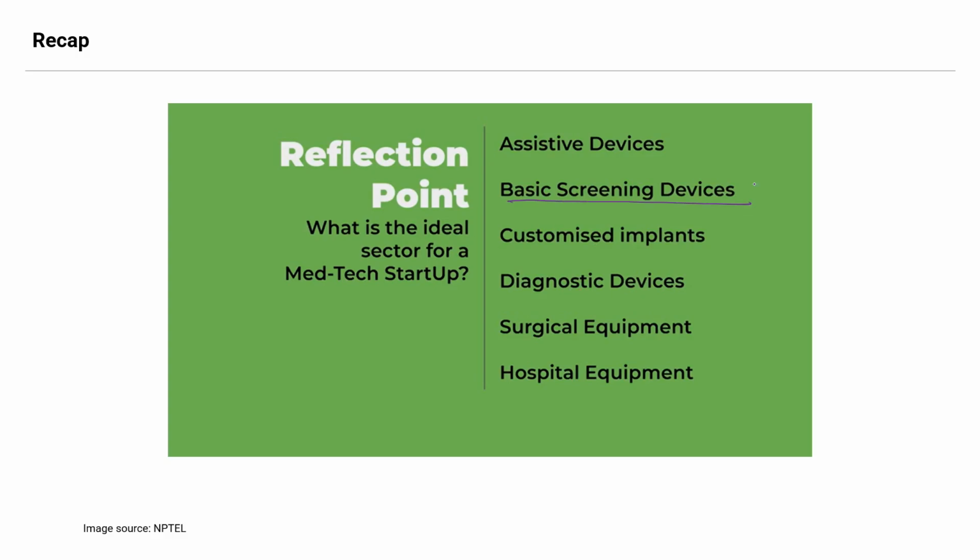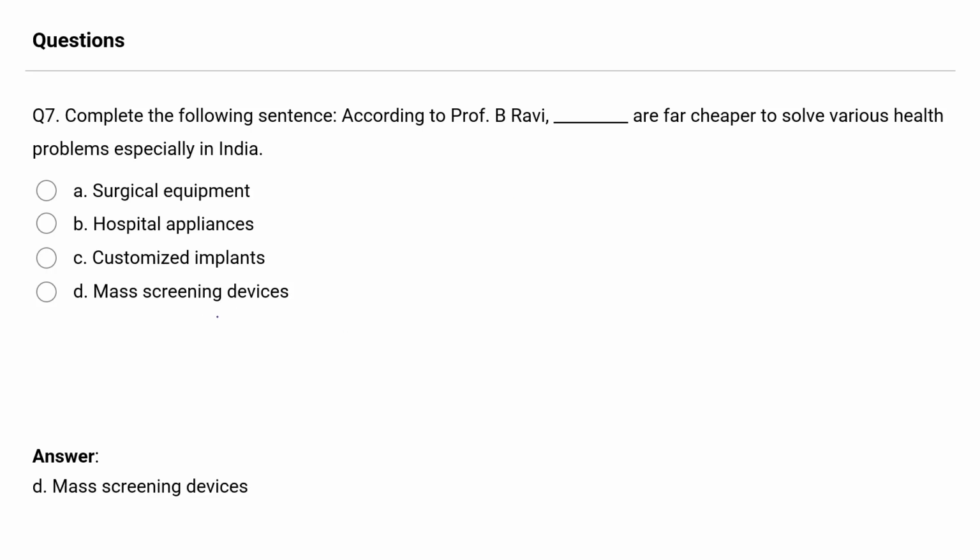Basic screening devices, right? What is ideal sector for a med startup? These are the various areas. However, the correct answer is mass screening devices because they are very cheap. So remember, we are talking about stethoscope. सस्ते आते हैं ना. हार्ट बीट सुनना है. Option D is the correct answer.